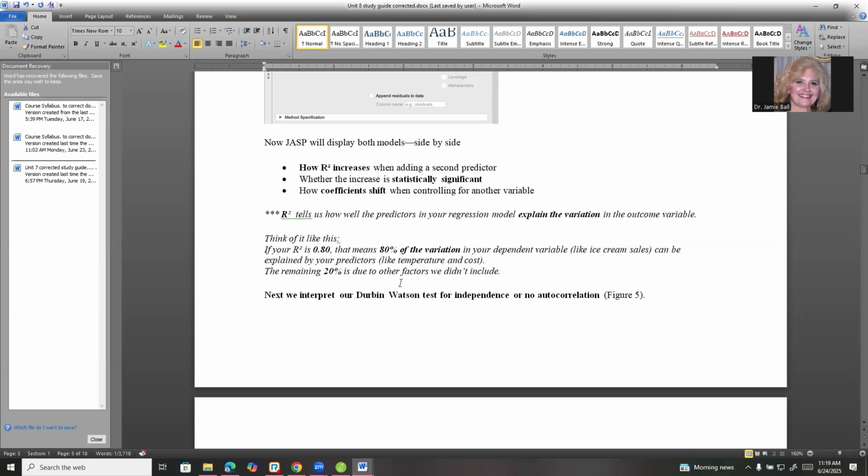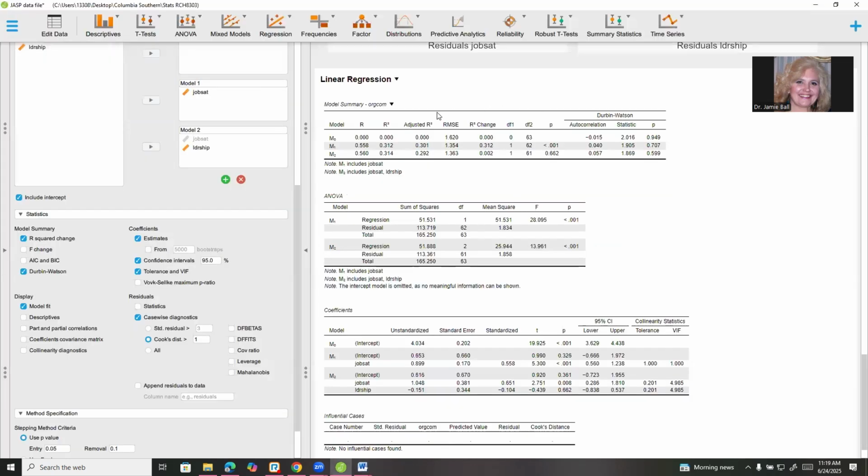Okay, the other 20% is job factors we didn't consider. Now, we expect that R squared will increase when we add another predictor. See right here? But ours didn't. Well, R squared did slightly. Adjusted R squared didn't. It went down slightly. Typically, I'm more concerned with adjusted R squared, but R squared for our simple test is adequate, right?